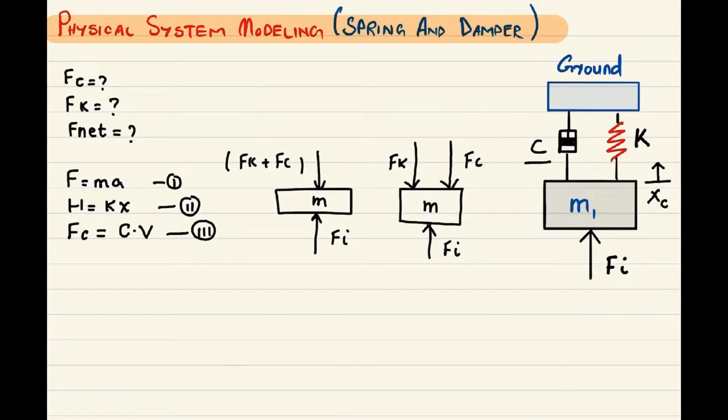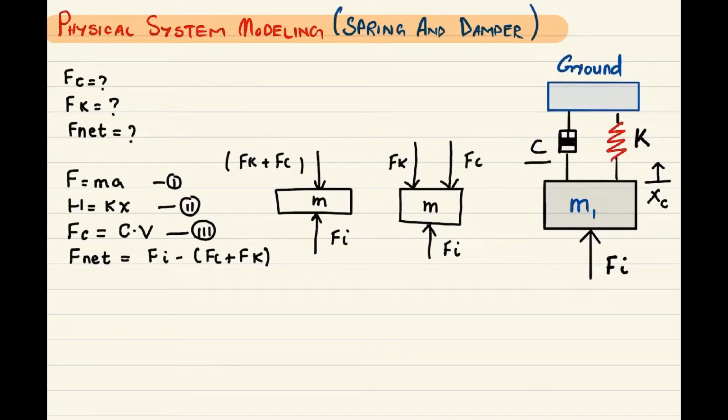Now, the fourth equation would be Fnet, and we know Fnet is equal to Fi minus (Fc plus Fk).